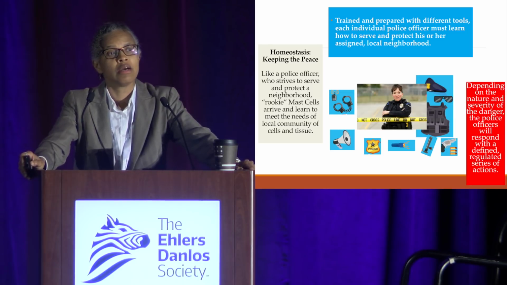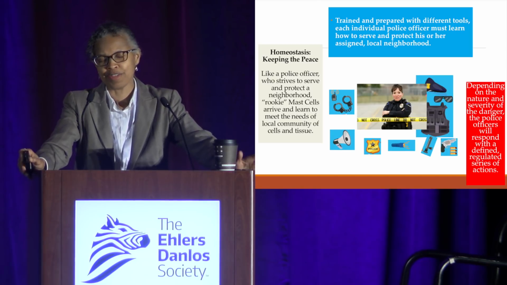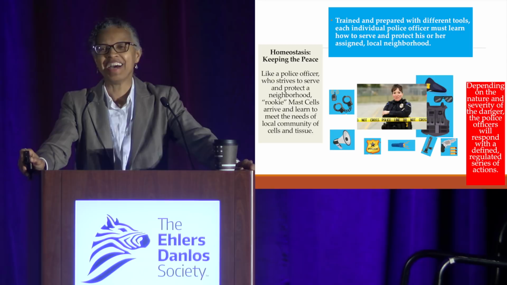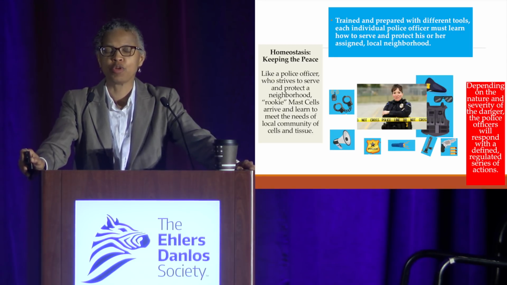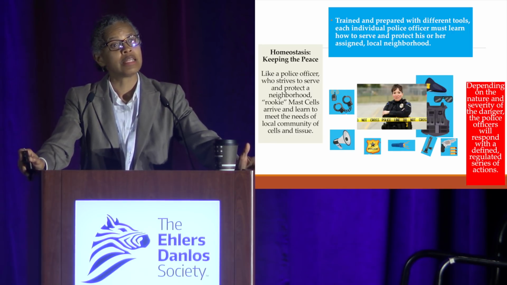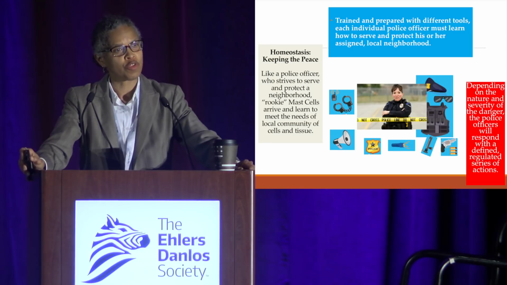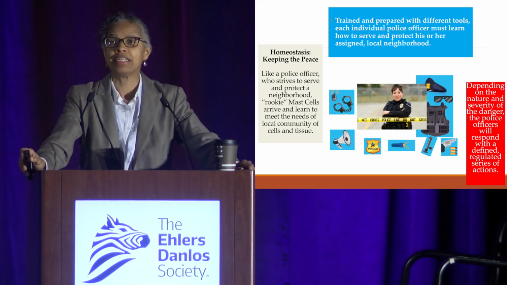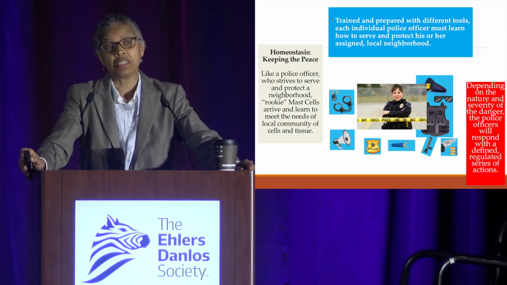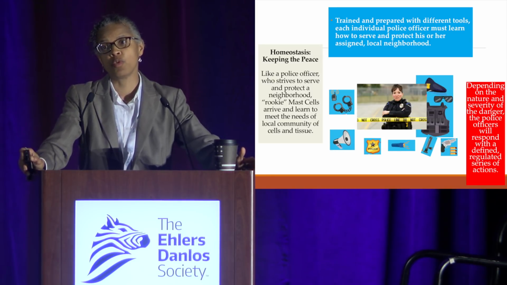The analogy I used, and this is not political, is a police officer who's assigned to Trump Tower as opposed to Scarsdale, New York. There are different needs in those communities. That police officer has to learn how to recognize dangers in those particular communities and respond with appropriate force to contain any dangers, and also learn how to be tolerant of things when it's not a dangerous situation but is different from what they've seen before.